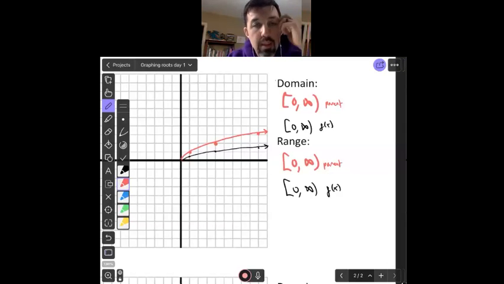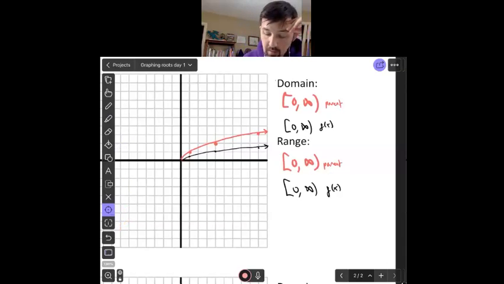So compressing it didn't change its domain or its range. But do you see how the y values are all half of what they had been? That was at 1, now it's at 1/2. That was at 2, now it's at 1. That's at 3, now it's at 1.5. That's why we use that language, compression.